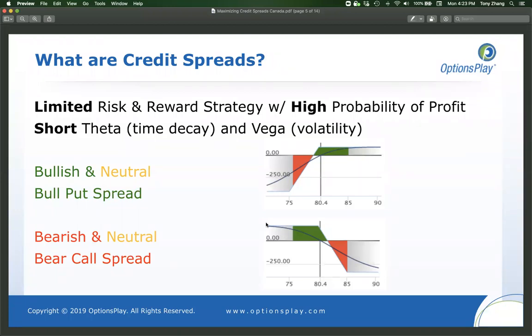If you're interested in trading all of the strategies that we're going to go over today, and the strategies we went over a couple of weeks ago using debit spreads, you need to have a broker that allows you to enter these orders, preferably electronically, but at the very least by phone. So if you don't know, call up your broker and ask. Brokers will add functionality to their website based on client demand.